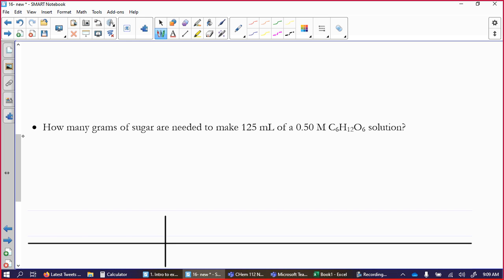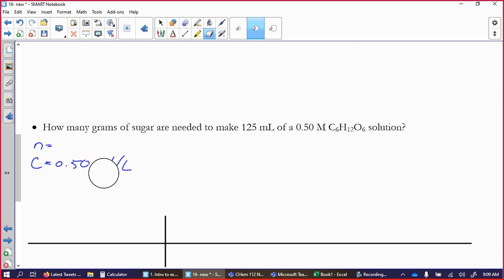How many grams of sugar are needed to make 0.125 milliliters of a half molar solution of glucose? So how many grams means we're going to need moles first. Molar volume is divided by 1,000.